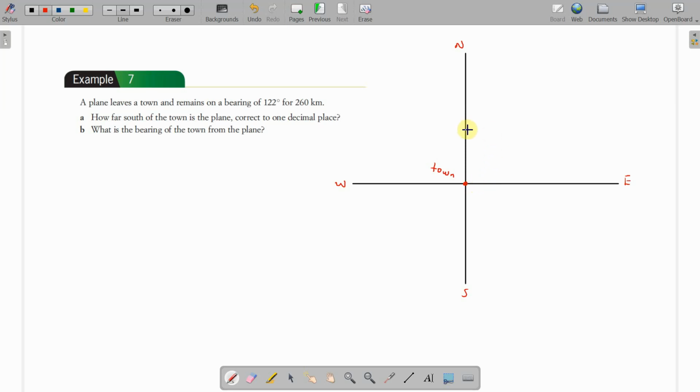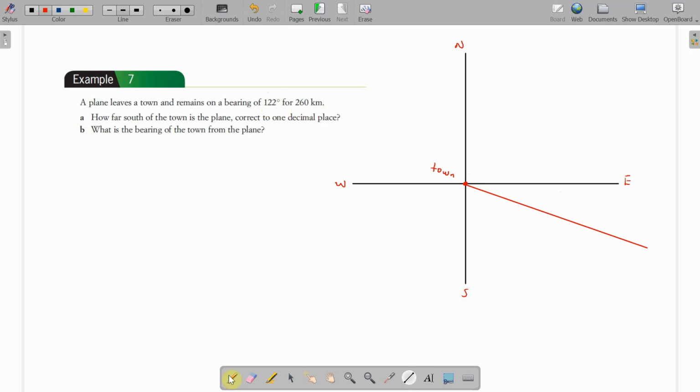Now we know that the bearing's got to be measured from north and then goes around clockwise. If it was going on a bearing of 90, it would head straight east, and if it was a bearing of 180, it would be going directly south. But it's 122, so it's a bit more than 90, 32 degrees further south, past east. So let's go about here somewhere.